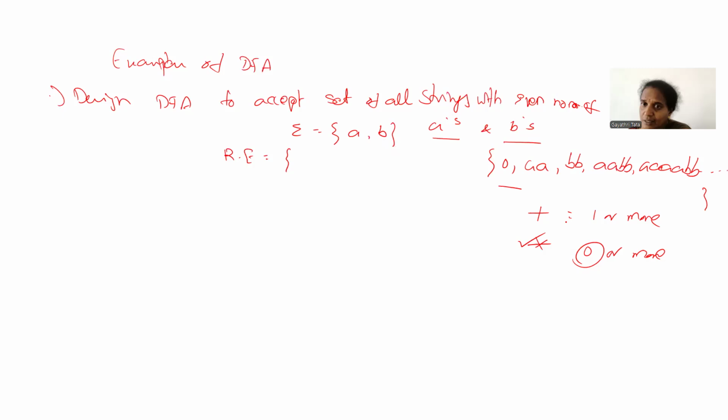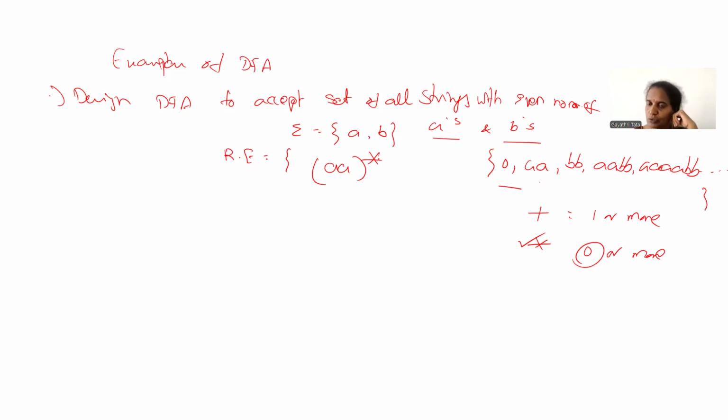That means we have to use the Kleene closure. After checking all the strings, an even number is there, two A's or four A's like that, so we can take it as an even number of A's. We have to use the Kleene closure.